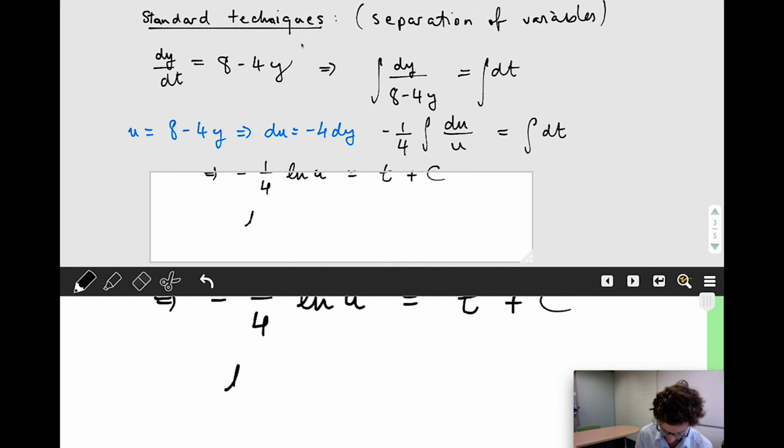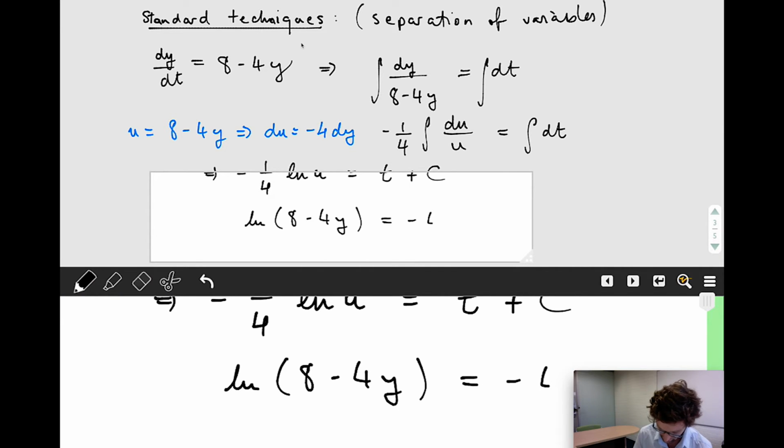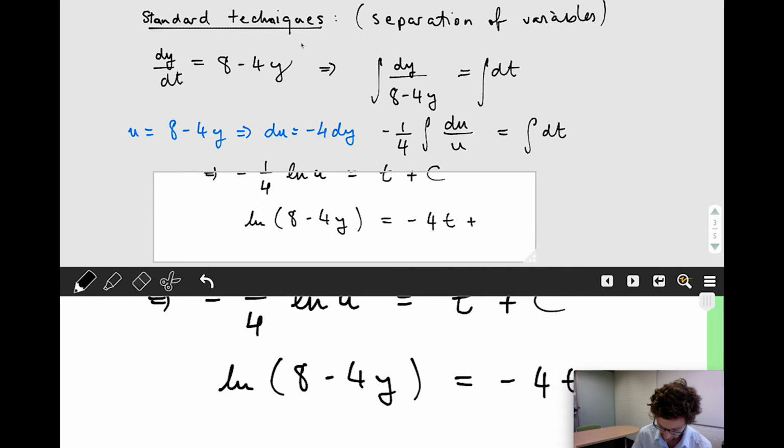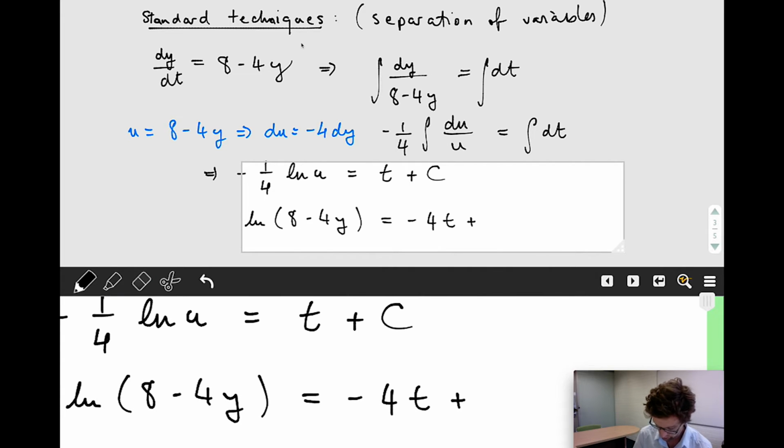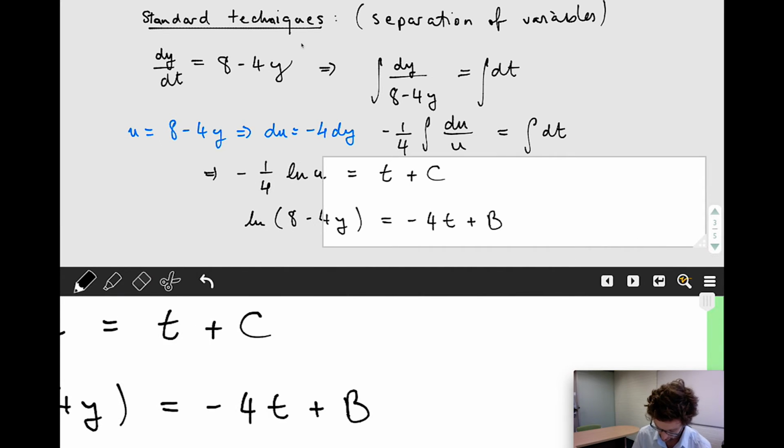So that's the logarithm of 8 minus 4y is equal to minus 4t plus minus 4c, which we'll just call b. So here b is equal to minus 4c. After all, a constant is a constant is a constant.